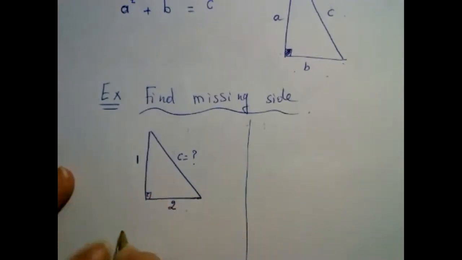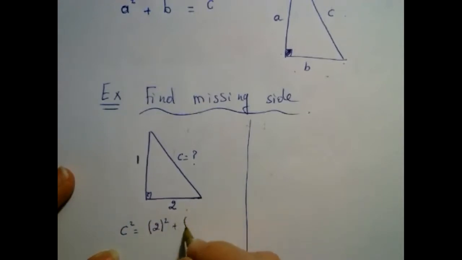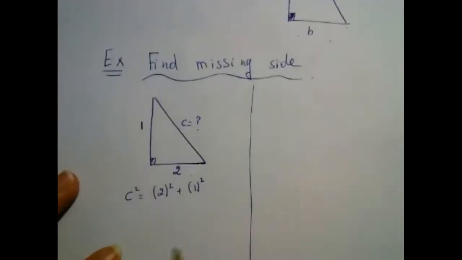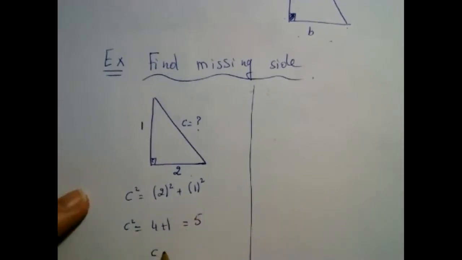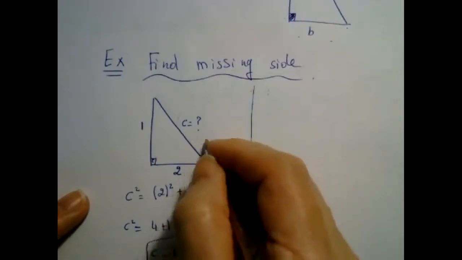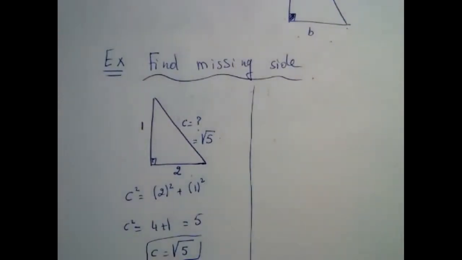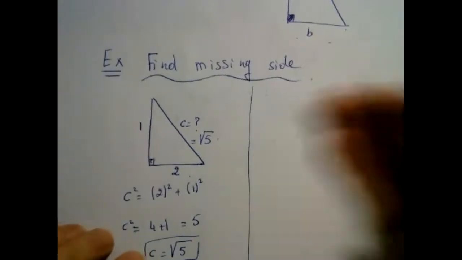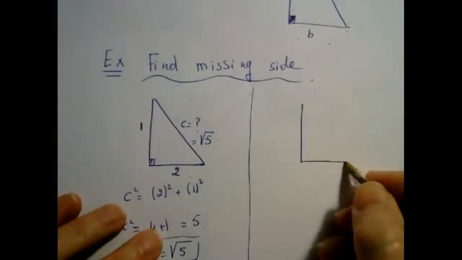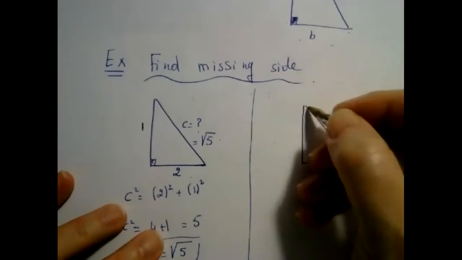So Pythagorean tells me that C squared is 2 squared plus 1 squared. It means C squared is 4 plus 1, which is 5. C equals the square root of 5. That's my side. So that's one of the benefits of the Pythagorean. If I know two sides, I know the missing side. But it has to be right. Otherwise, it's wrong. And next time we'll see what to do with that.